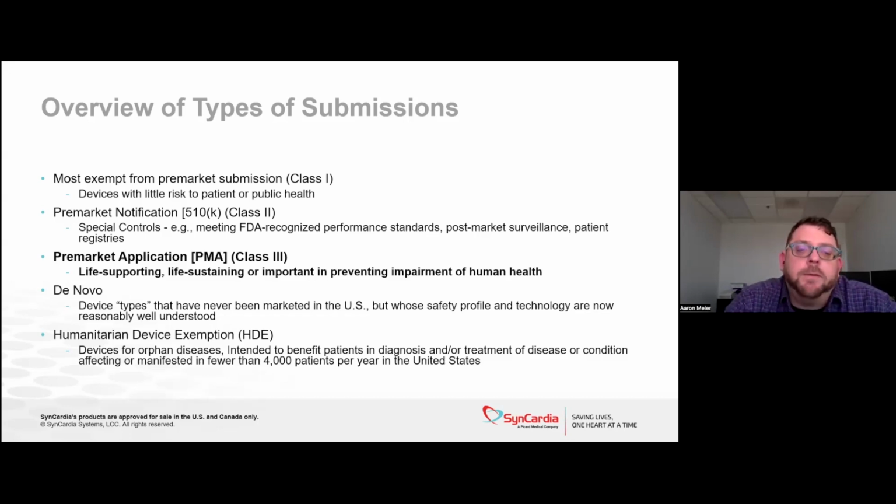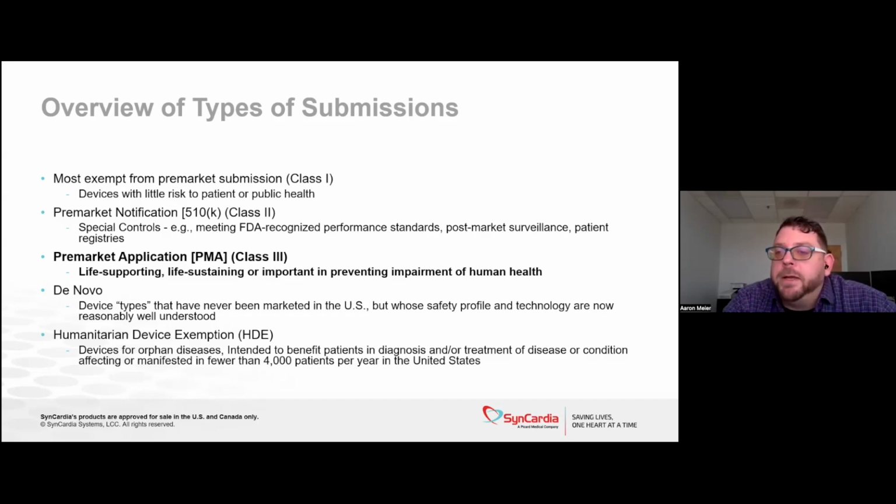Then you have your pre-market application, that's your PMA. That's for your class 3, for your life supporting and life sustaining. You have a de novo type, and this is for something that is a new device, something that's not been marketed in the US, and its safety and effectiveness profile is not well understood. This would be coming out with something like, well, I'm trying to think of a good example off the top of my head.